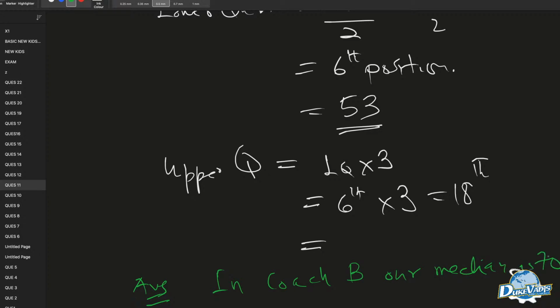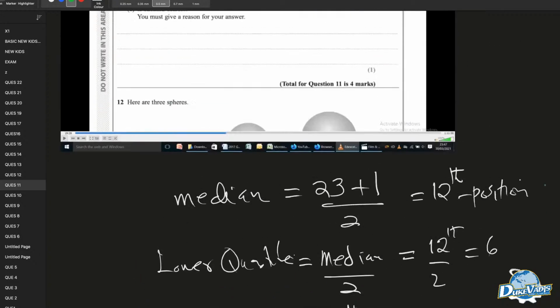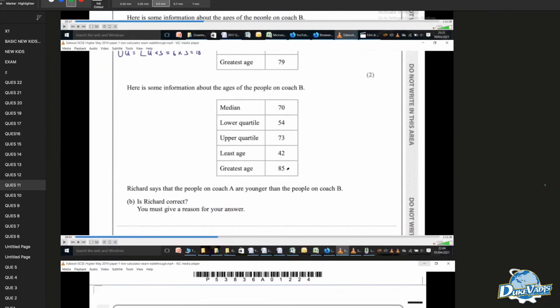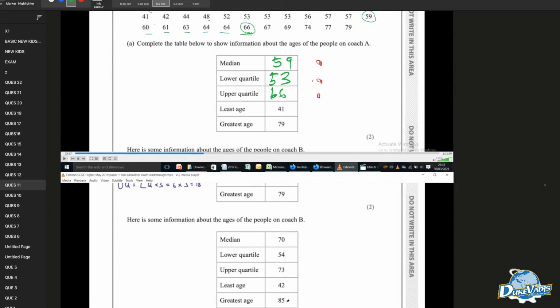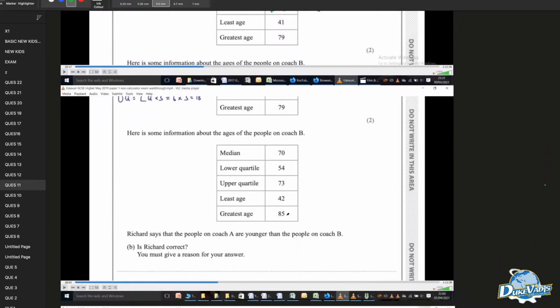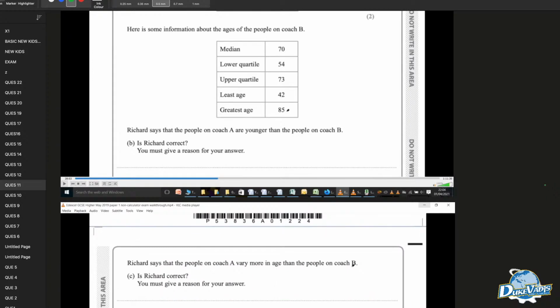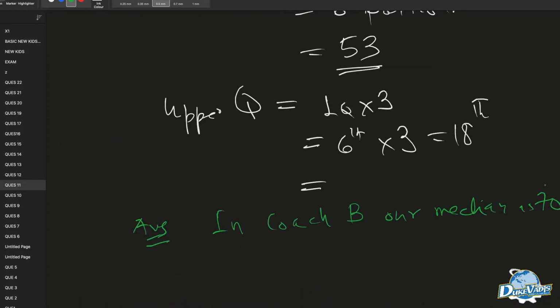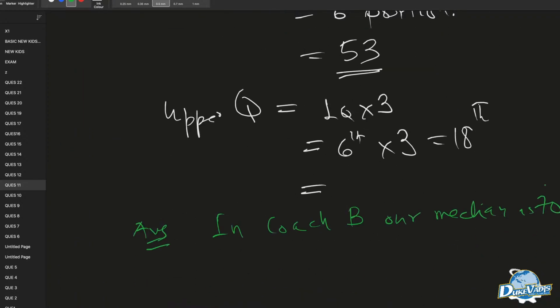Have you seen it? Look at Coach B. The median is 70. And in Coach A, the median is 59. Look at it.